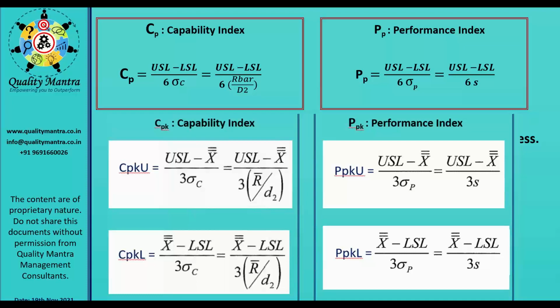Okay, one is the 3 sigma, 6 sigma. What else? The denominator is 3 sigma, and in the case of the CP, X double bar.